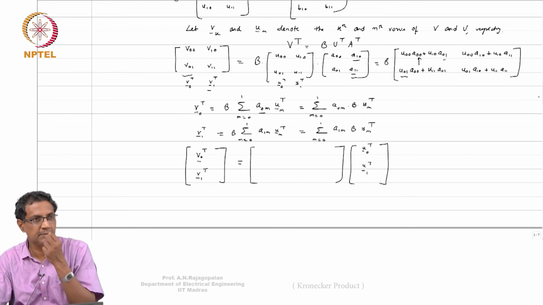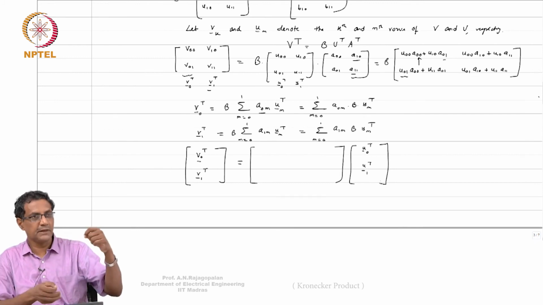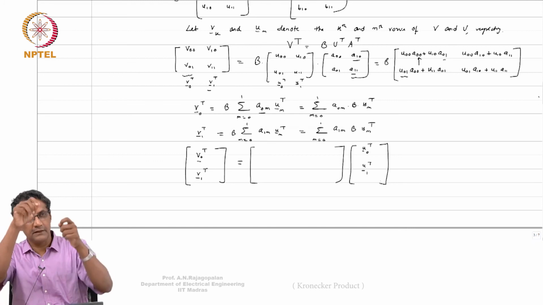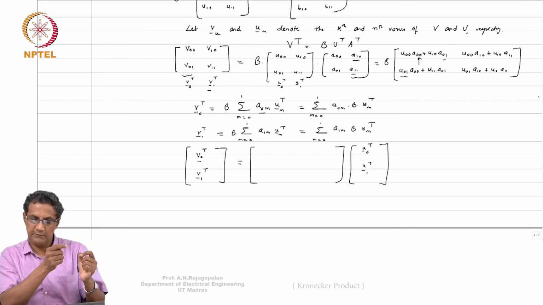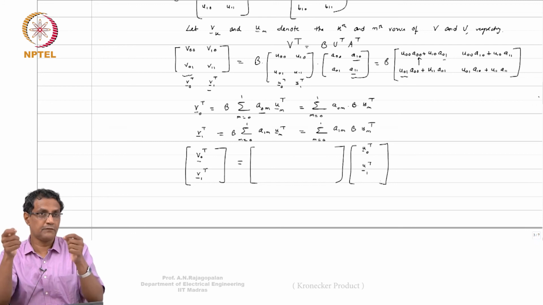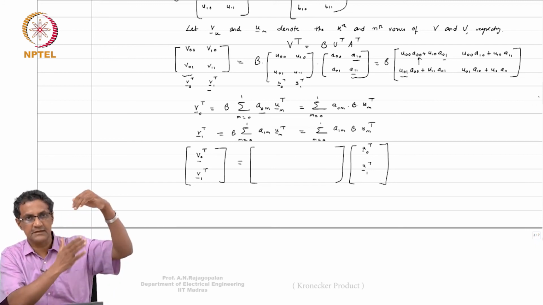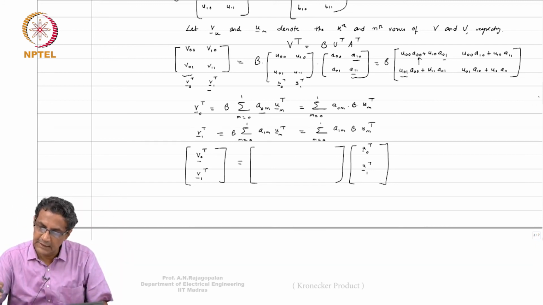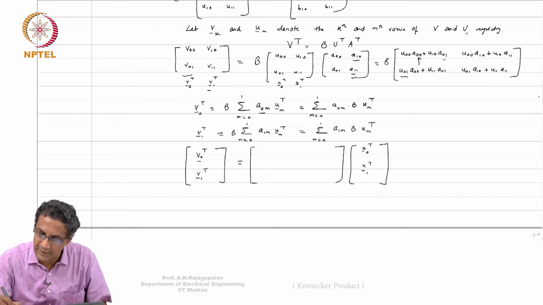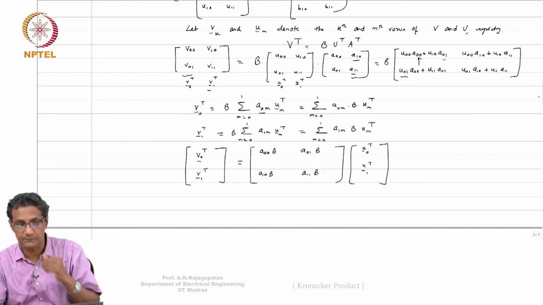By stack, I mean V0 transpose is simply the first row of V made into a column, then V1 transpose is the second row of V put as a column, so you're stacking one column below the other. Then V0 transpose we know is A00 B U0 transpose plus A01 B U1 transpose. Then V1 transpose is A10 B U0 transpose plus A11 B U1 transpose.